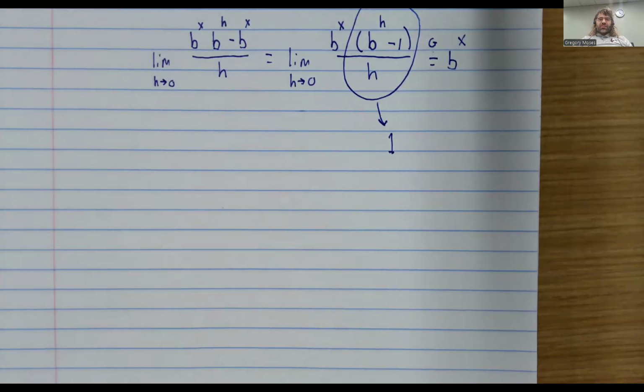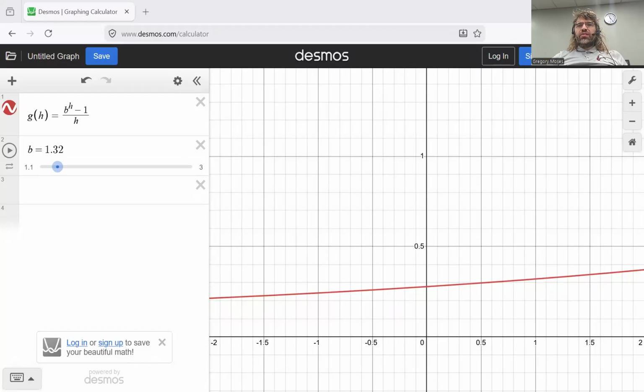Let's go to Desmos. And let's take a look at b of h minus 1 divided by h. And let's look at what happens as h approaches 0. So here in the graph, h is our variable, and h approaches 0 as we go to the y-axis.